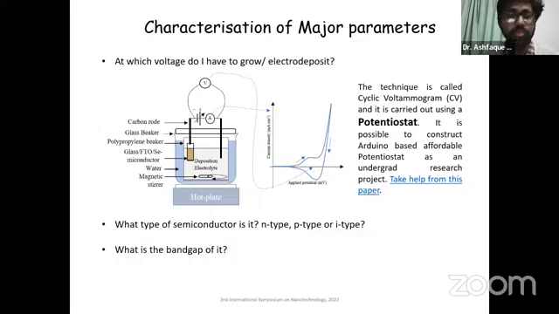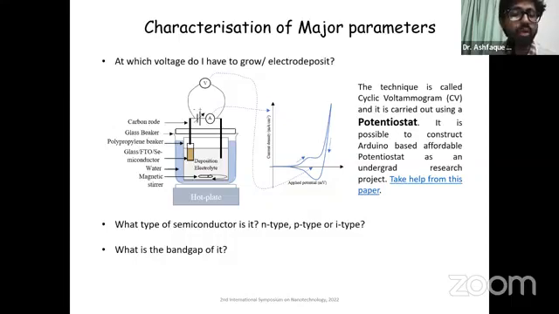At the same time, a potentiostat is commercially available, but it can also be made easily using microcontroller based systems. Nowadays, microcontroller based systems are very available, and I'm quite sure undergrad and postgrad students can make a system out of it. So potentiostats can be made in your own lab, even using an Arduino microcontroller, and can help you electrodeposit solar cells.